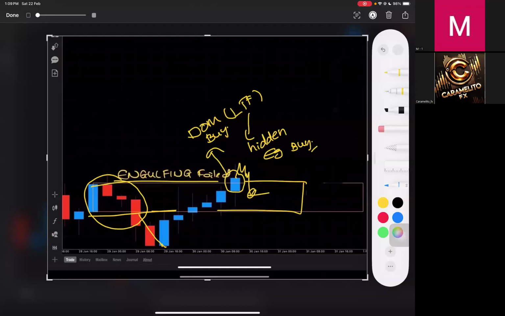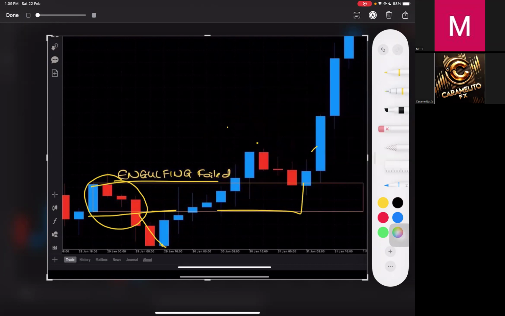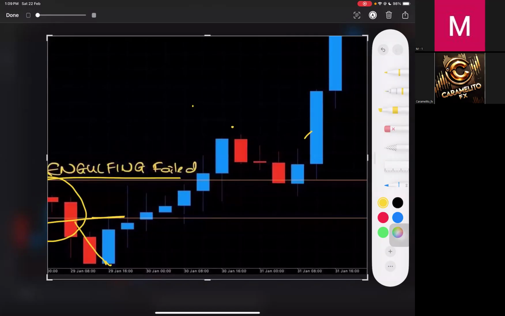So if you can see this kind of example, you can see two types of pullback. First, price comes here and starts to pull back with a shadow after a breakup. So can I enter here?